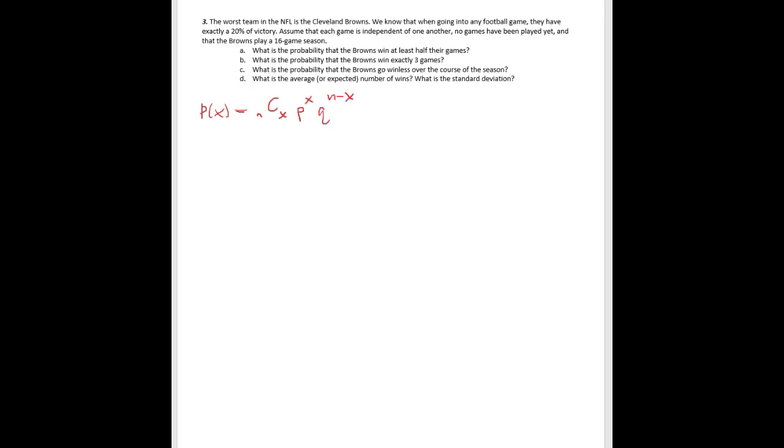And that's just the combination for number of successes, probability of success raised to the number of successes, times probability of failure raised to the number of failures. And then we have a mu that's defined as n times p, and a sigma that is defined as the square root of n times p times q. All of this stuff will be given to you on a test. So yeah, that's that.